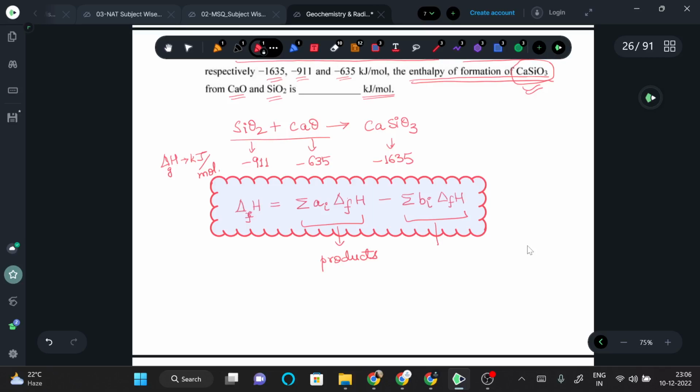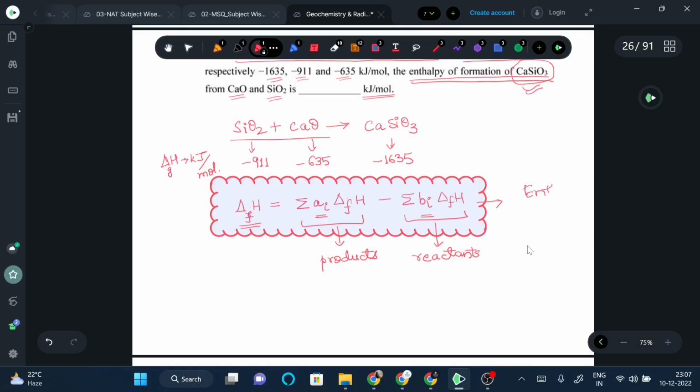This part is for reactants. So basically enthalpy of formation or enthalpy of reaction is enthalpy of products minus enthalpy of reactants. Now this Ai and Bi are nothing but the coefficients used in the reaction. Here everywhere it is 1, so we don't have to take care of Ai and Bi, but I am writing this general formula. This is the general formula for enthalpy of reaction.